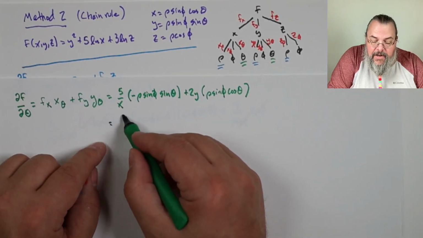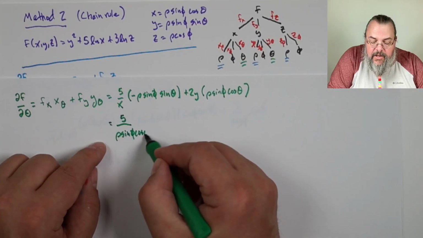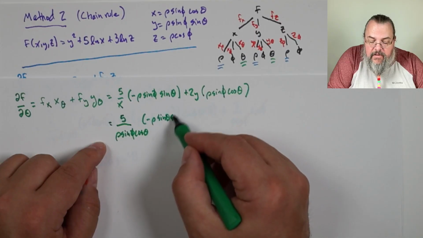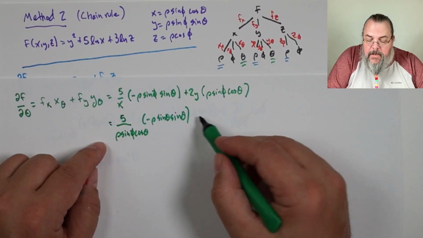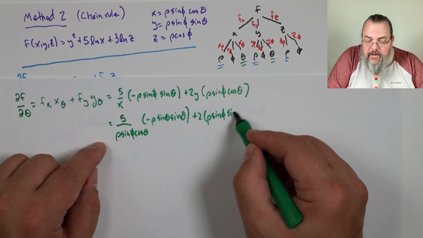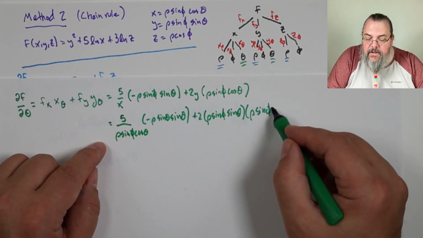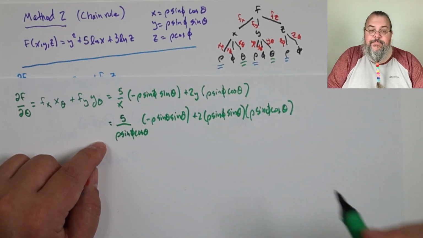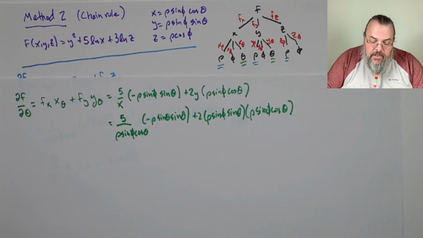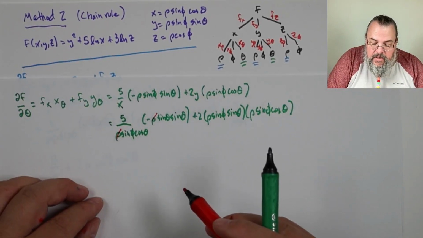So this becomes 5 divided by rho sine phi cosine theta, times minus rho sine phi sine theta, plus 2 rho sine phi sine theta times rho sine phi cosine theta, which becomes, and we'll do some cancellation here, the rho's cancel. Does anything else cancel?